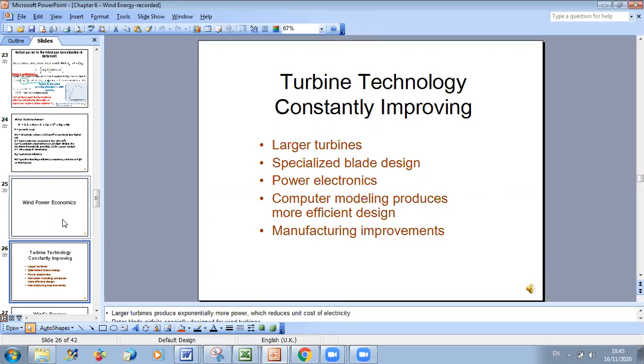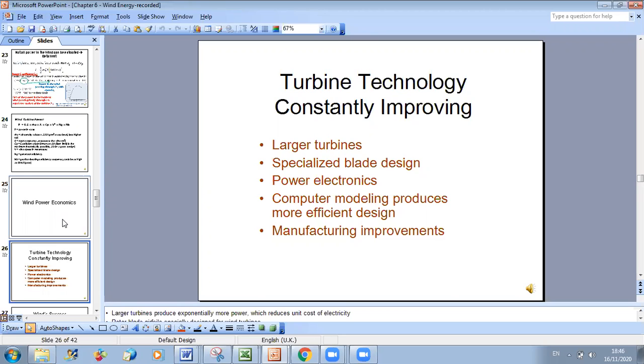In addition, turbine technology is very important in power electronics, because it will produce a large amount of power. Plus, we are using computer modeling to produce more efficient designs, because as we have seen, we have a system that controls the orientation of the turbine to optimize its performance.